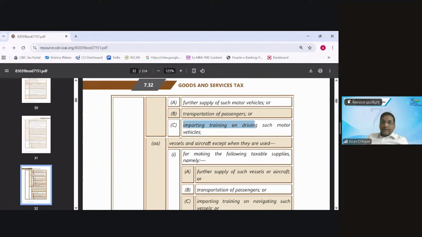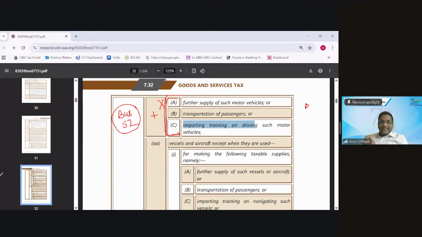You are permitted. Now again tell me, if I have purchased a bus which is 52-seater capacity and not used in any of the three purposes, will the ITC be allowed? Try to understand. I have purchased a bus, but I am not using it for any of the three purposes. Will the ITC be allowed?